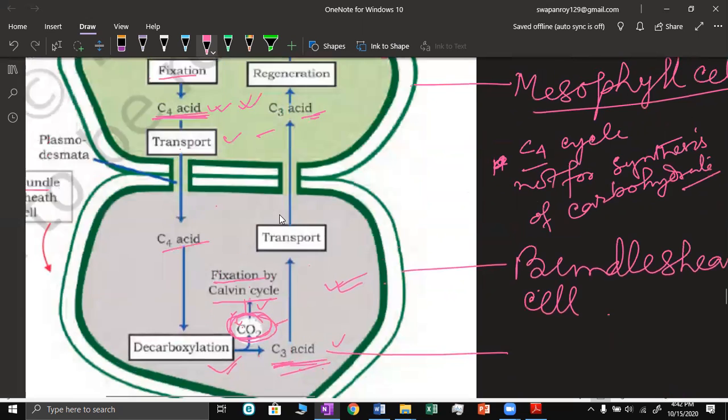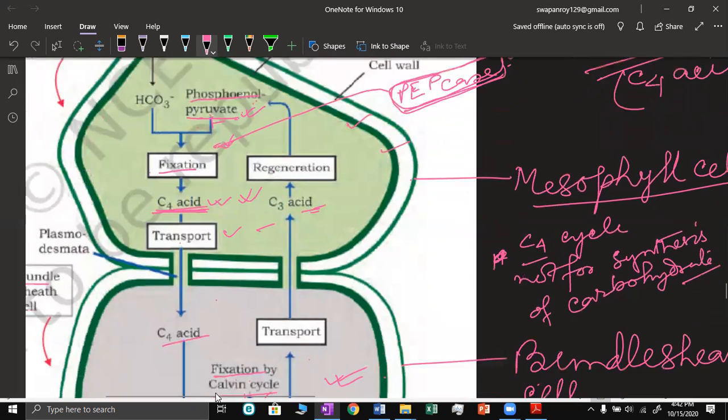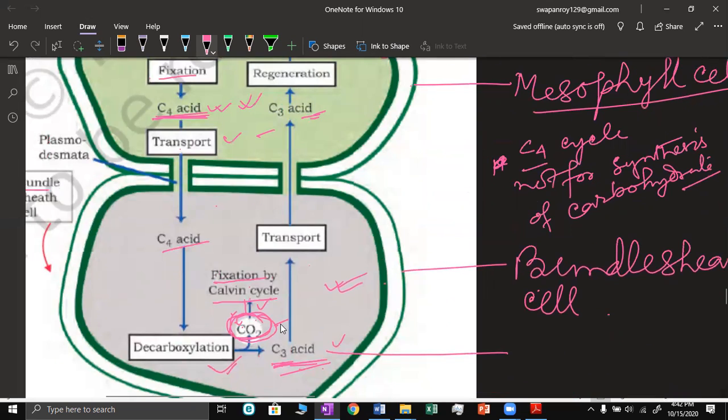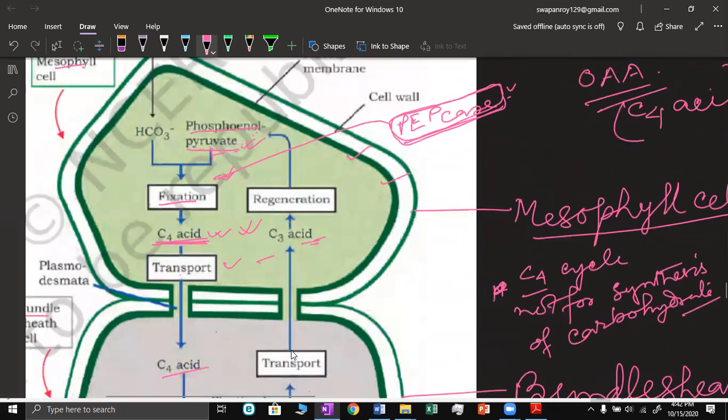Okay, and again, in the factories also, the factory owners or their workers don't go for collecting the raw material.